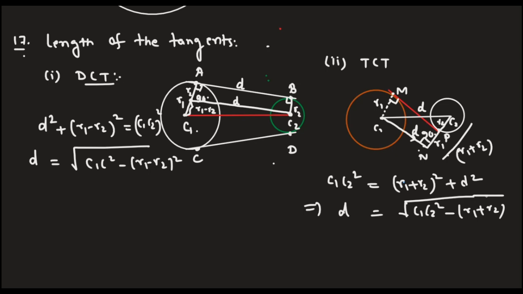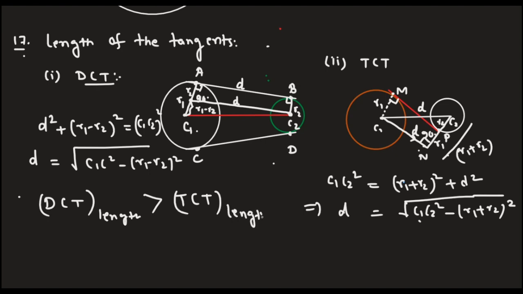You notice that of DCT and TCT, DCT is greater because here you are subtracting less. If you subtract more value, the result becomes less. So the length of DCT is generally greater than TCT, transverse common tangent, for the same set of circles.